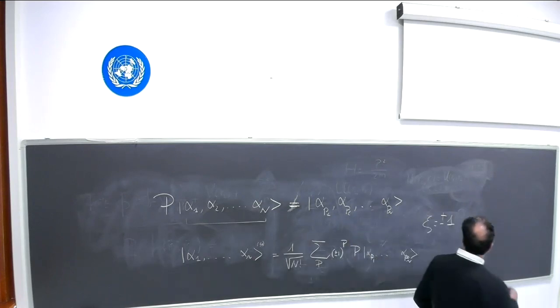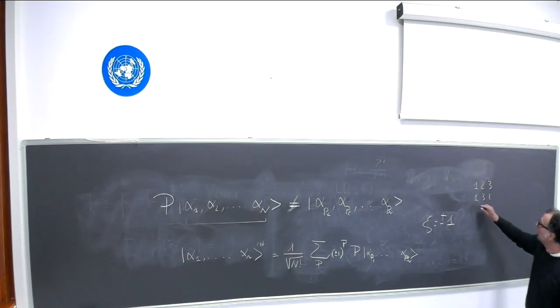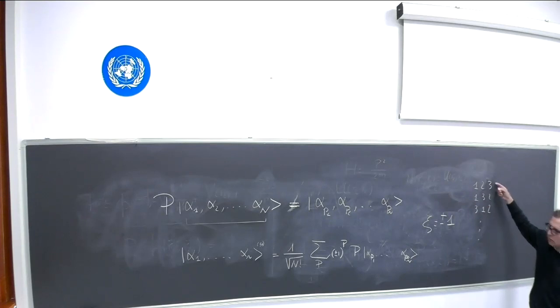Let's say you have 1, 2, 3. One permutation is 1, 3, 2. Then you have 3, 1, 2, and you continue. If these were bosons, suppose that 1, 2, 3 is the reference configuration.